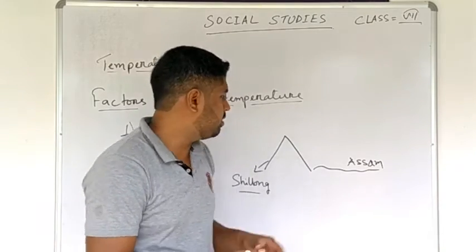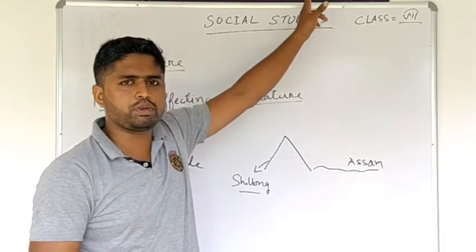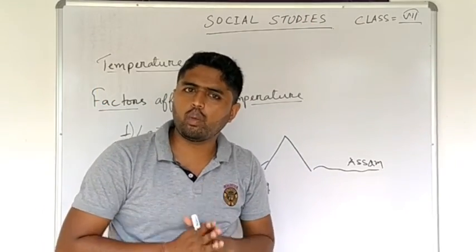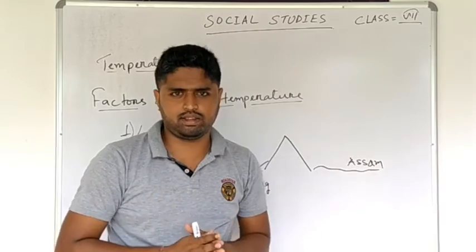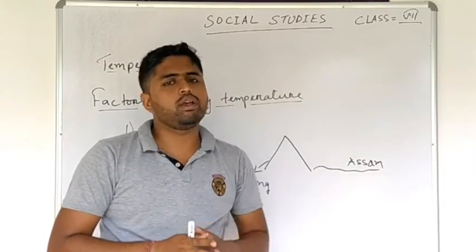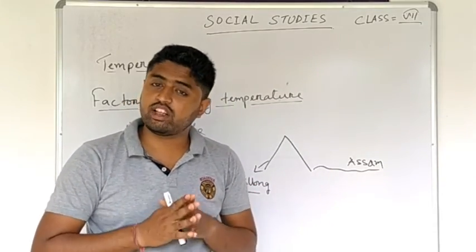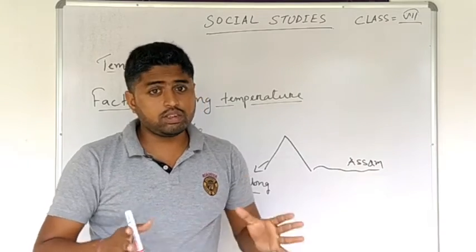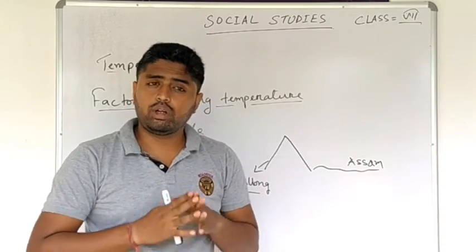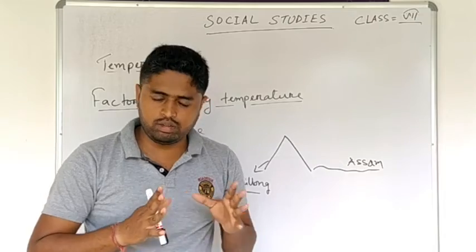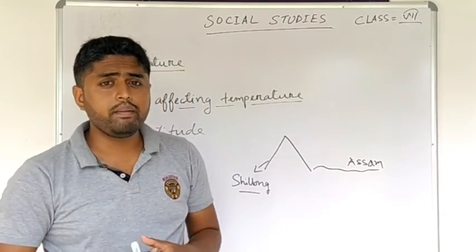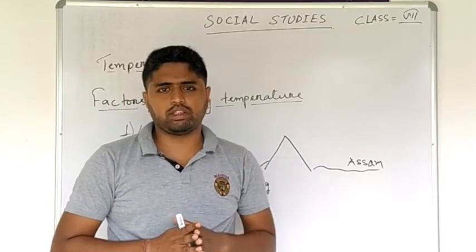Clear? If you go 165 meters up, you will face 1 degree Celsius less. Another 165 meters, you will get another 1 degree Celsius less. So this is how altitude works. Altitude has a great effect on the temperature.